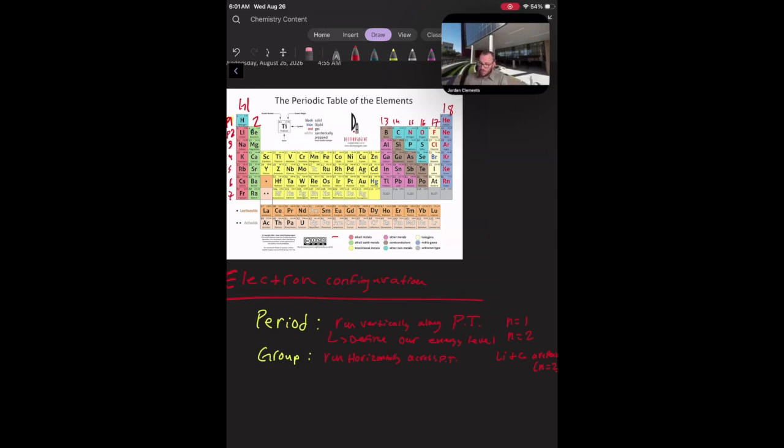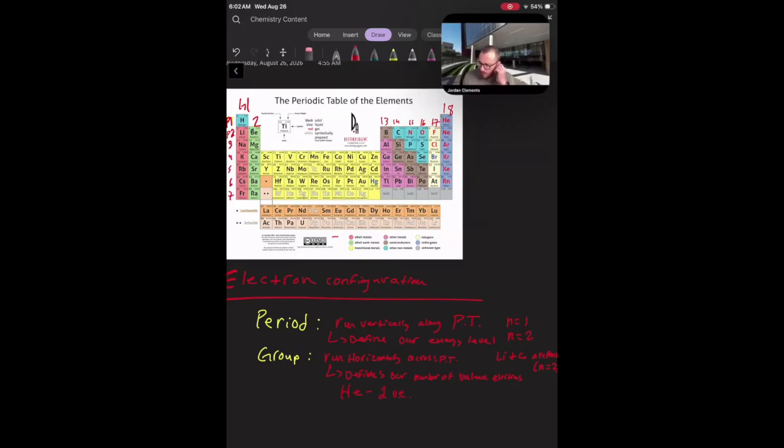So we would say a group defines our number of valence electrons. In this case, helium has 2 valence electrons.